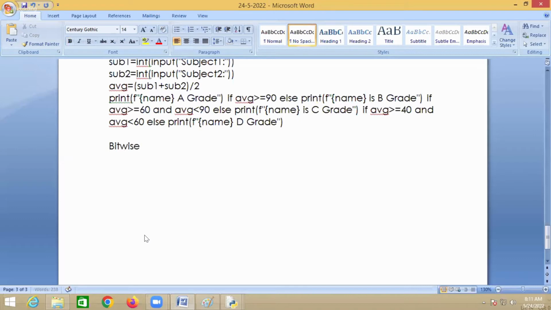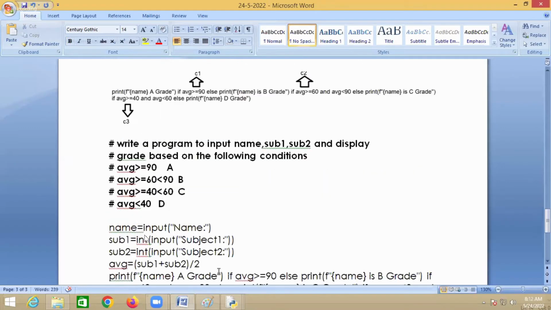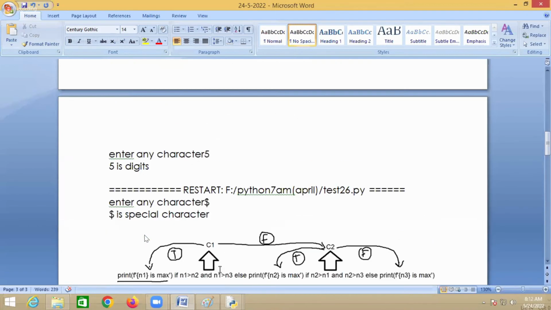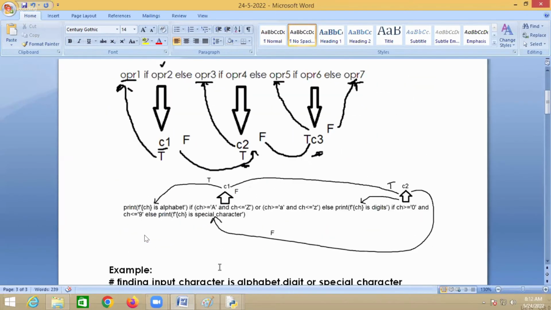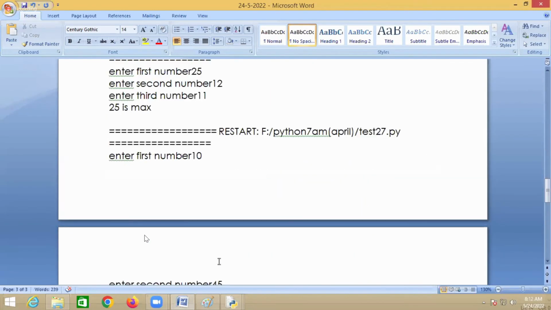What is another category of operators? There is an operator called bitwise operators. Now the name itself, right?